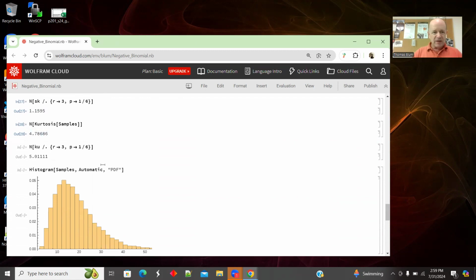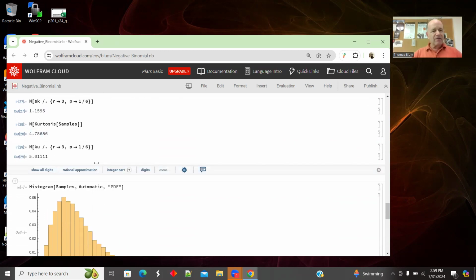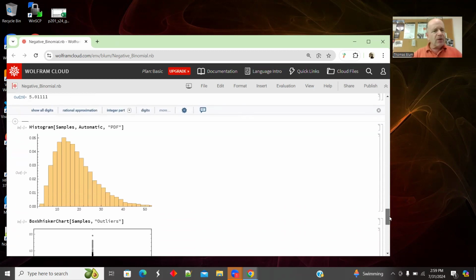And with putting in the R and the P in the expression above, I'm getting 5. So these are all in the same ballpark. The kurtosis is always going to be the toughest one to duplicate simulation-wise because it has the highest moment. So it is the most tail-probing of the measures.